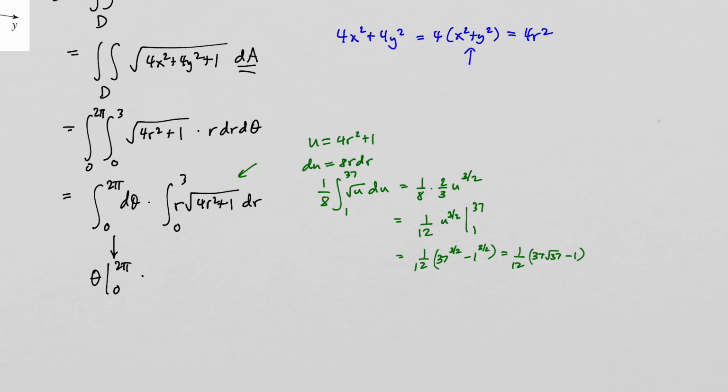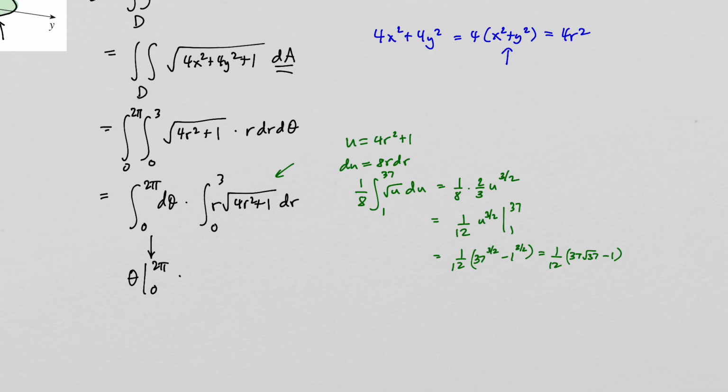And that's that one. So if I bring that over here, now I just need to multiply that by this integral, but this is simply 2 pi minus 0, which is 2 pi. So if I multiply these together, we're going to end up with pi over 6 times 37 radical 37 minus 1.